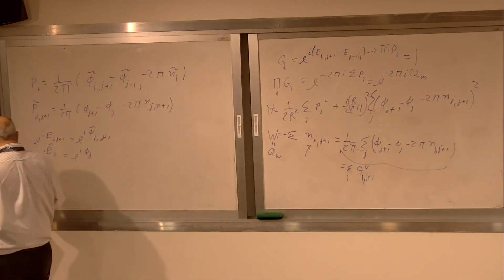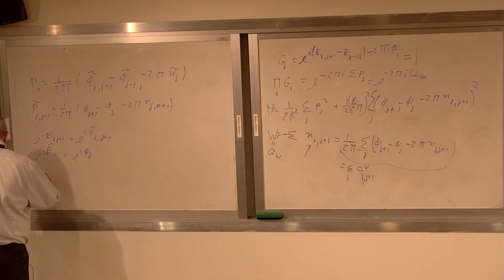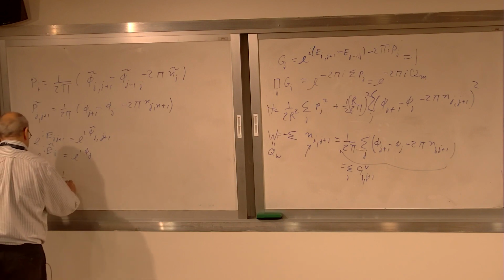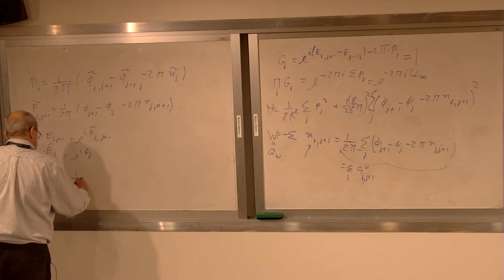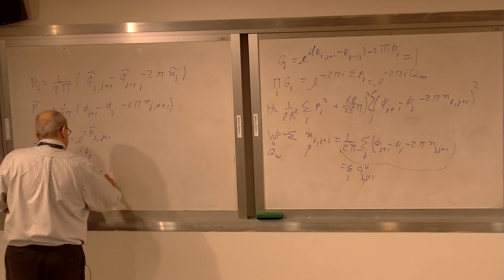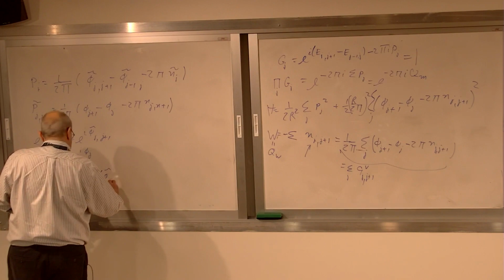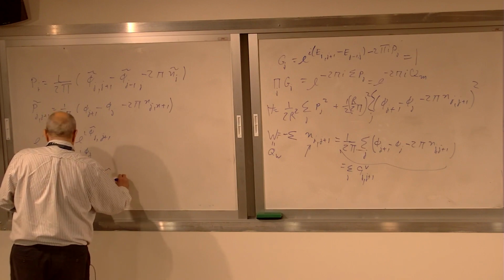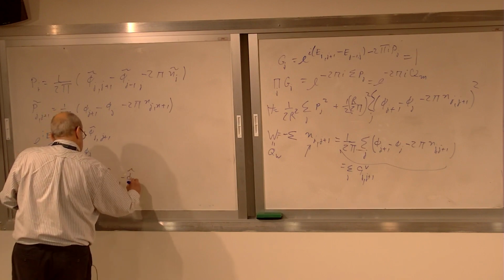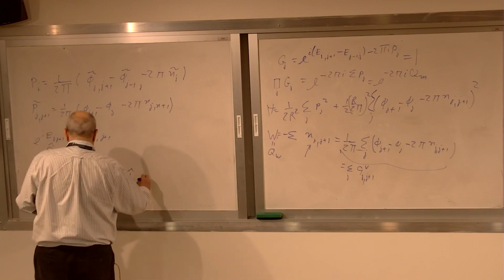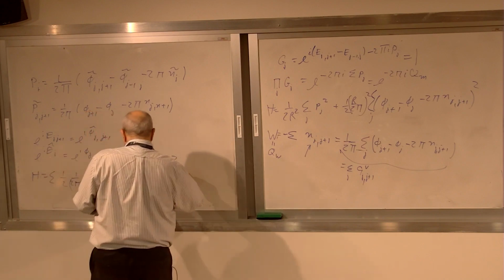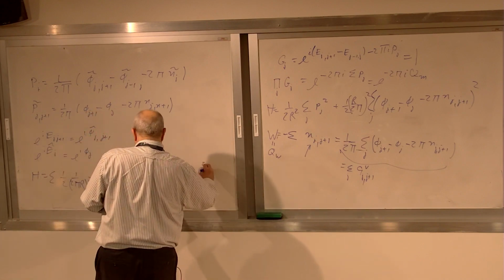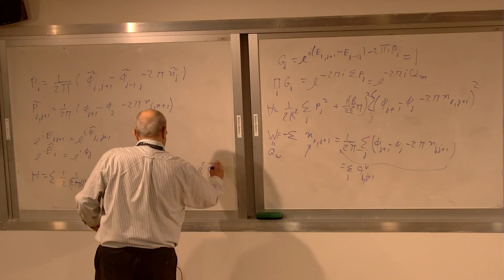The original Hamiltonian, with just this change of variables, becomes the sum of a half (1 over 2π (φ̃_j − 2π ñ_j))² plus 1/2 L² p̃_j². Now the φ's are on the links.